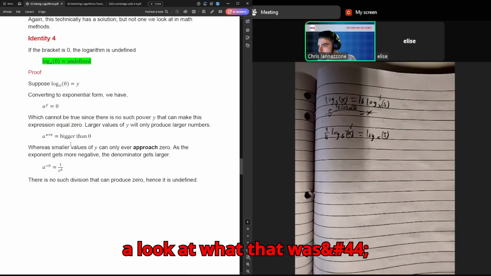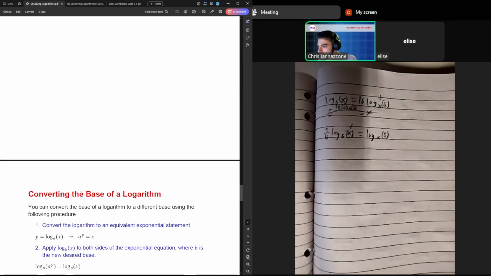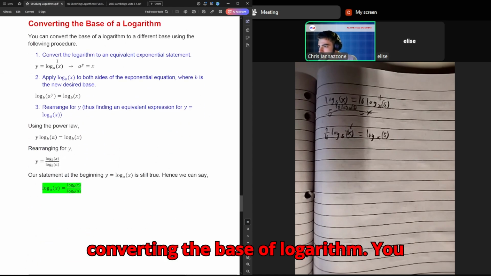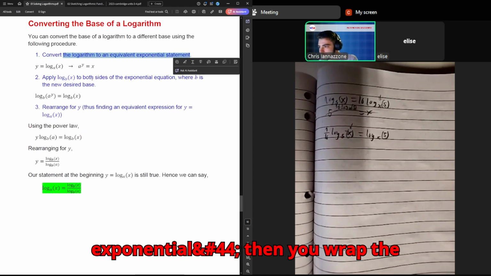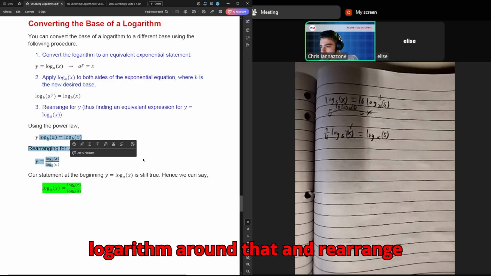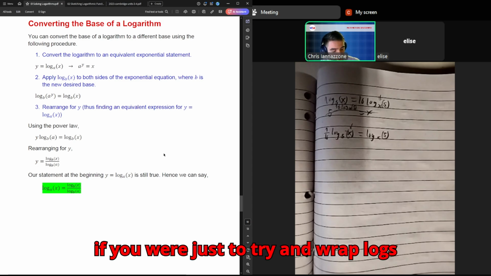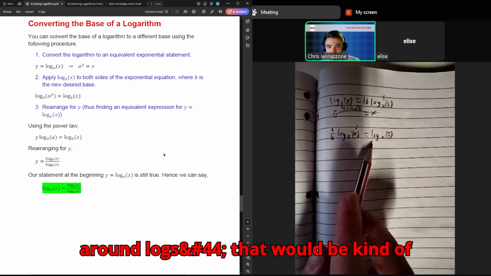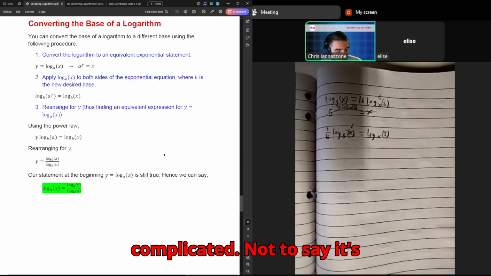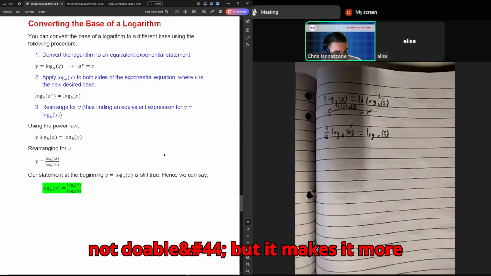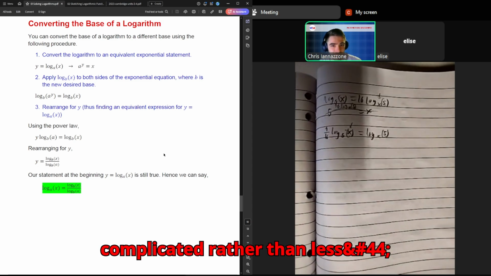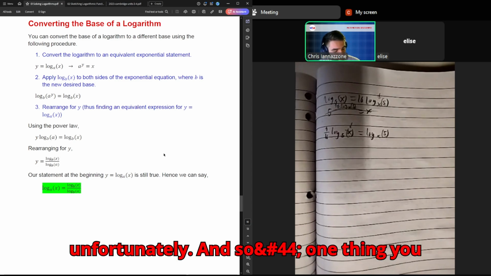So if we have a look at what that was, converting the base of a logarithm, you start by converting your logarithm to an exponential, then you wrap the logarithm around that and rearrange afterwards. If you were just to try and wrap logs around logs, that would be kind of complicated. Not to say it's not doable, but it makes it more complicated rather than less, unfortunately.